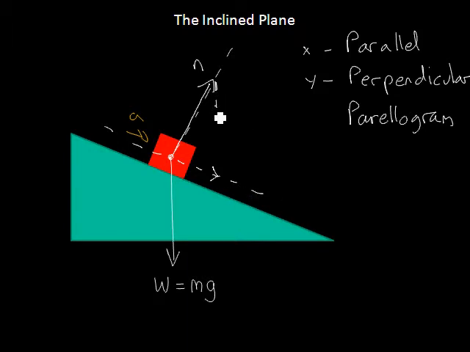So we have here this parallelogram with the normal force, the support force from the surface pushing up that way, the weight pushing down, and the resultant of those two is down the ramp, and in the absence of any other forces is going to cause this block to accelerate down the ramp. And that's a non-equilibrium situation.